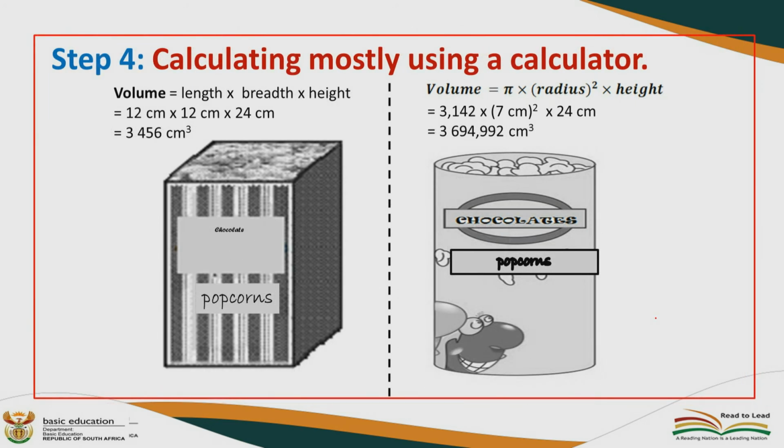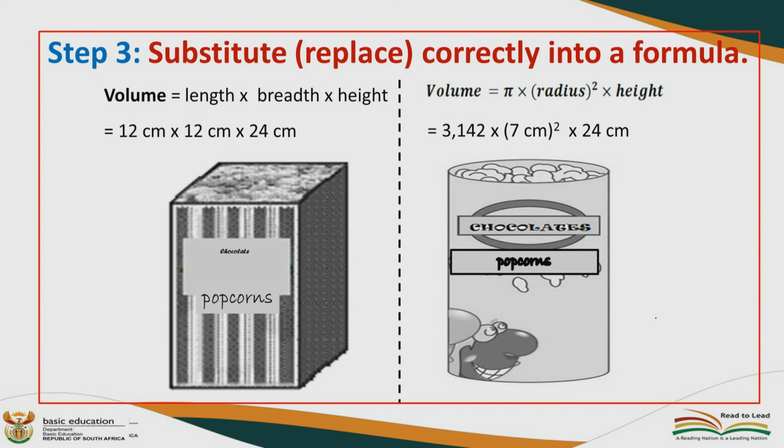Step number 3, substitute or replace correctly. So I'm replacing here the length, the breadth, and the height. 3.142 for pi as given by CAPS, 7 as given by the radius in the container, and 24 as the height.